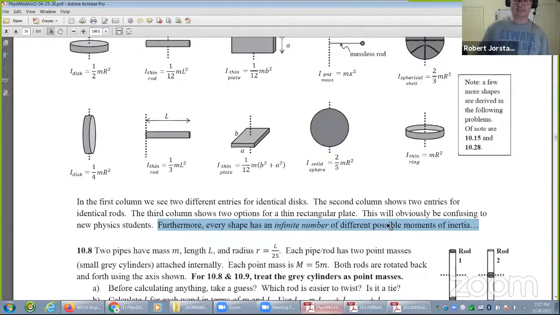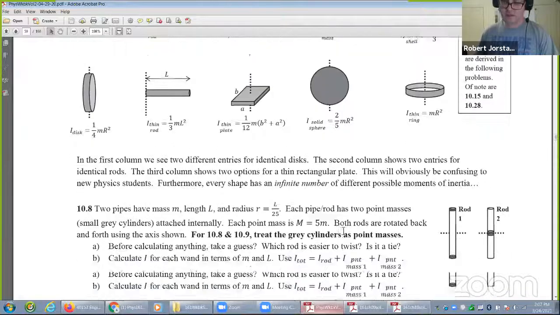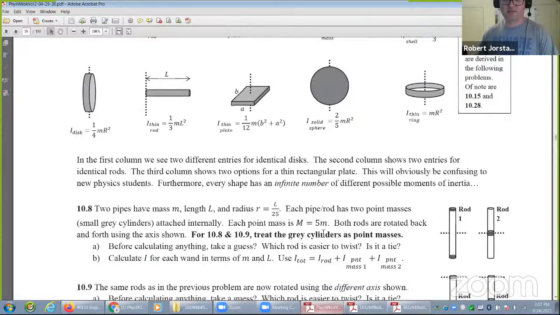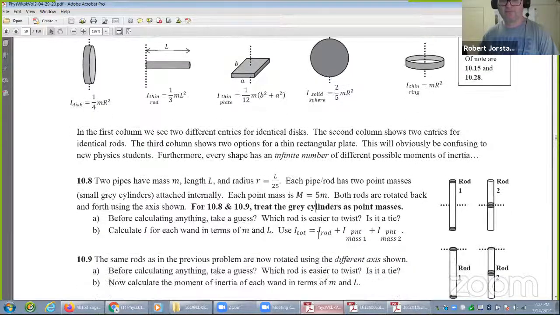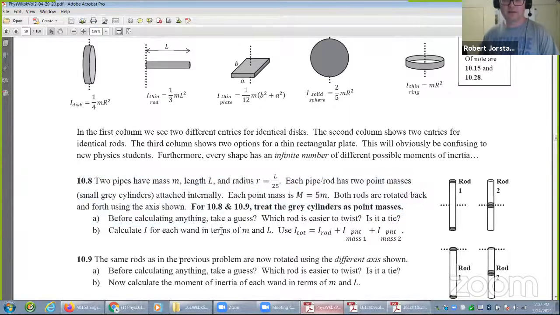If you can't see that this is a lot harder than mass, I don't know. Yeah, that sums it up. There's an infinite number of moments of inertia for every single shape in the universe. So we generally stick to some easy ones. All right. Maybe let's try this. You know what?